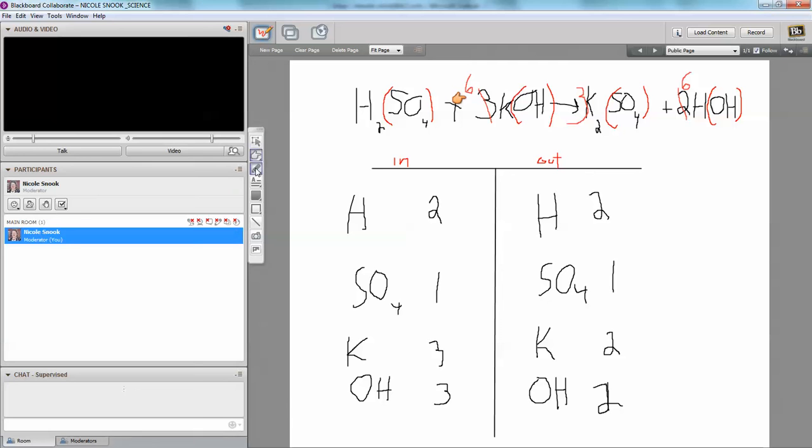So if we go down here, we cross that out, it becomes a 6. And it also affects the OHs because the 6 is a coefficient, so it multiplies across, so we have to change the OHs to 6. On the right side, H has been affected. It is now 6.